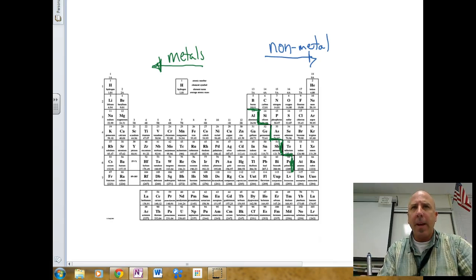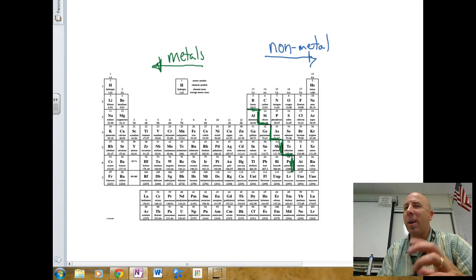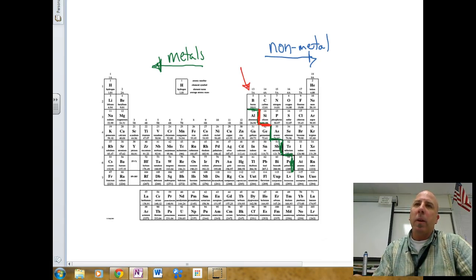Okay. Then, if you actually touch the stair-step line, for example, let's say silicon. Silicon is atomic number 14 right here. It touches the stair-step line on two entire sides. And so most elements that touch that stair-step line, there's a couple different names they go by: semi-metals, also known as metalloids.